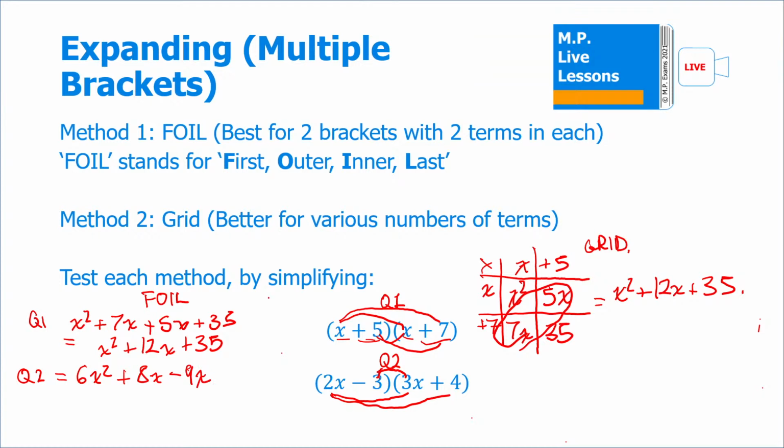And then lastly, negative 3 times positive 4, which is negative 12. So in the end, when you have the middle two terms of the x's collected, you'll have 6x squared minus x minus 12.